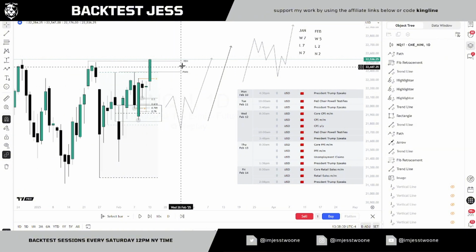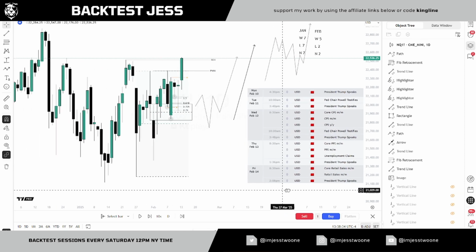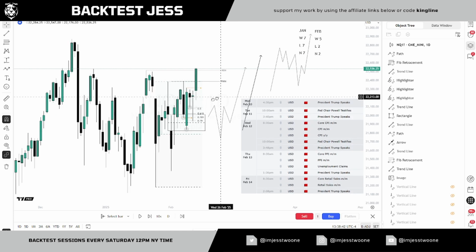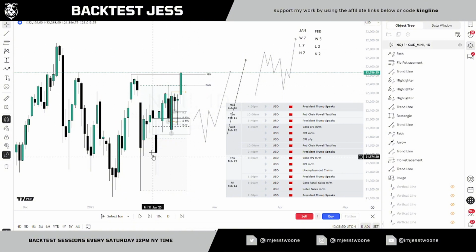So previous week high, relatively equal high swept. Friday we have core retail sales. Because we have a firm close above all these swing highs, the next day is likely to be another expansion day as well, because you can usually expect 2 to 3 large expansion days before another consolidation. So we've had a long period of consolidation here.